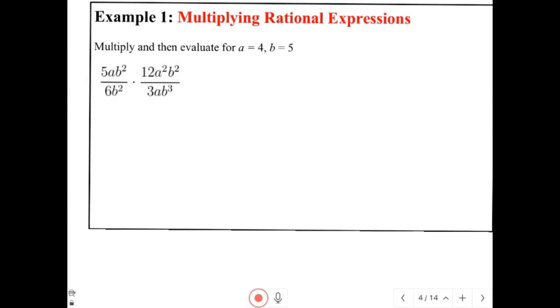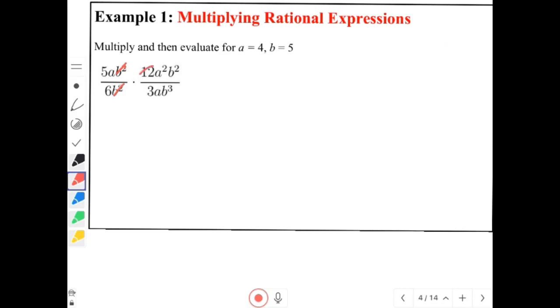So right here we have multiply and then evaluate for when a is going to be equal to 4, b is going to be equal to 5. Now, when these things are being multiplied, I want you to realize that you can simplify things that are either top to bottom, numerator to denominator, such as this b squared and this b squared, but we can also simplify things that are diagonal from one another.